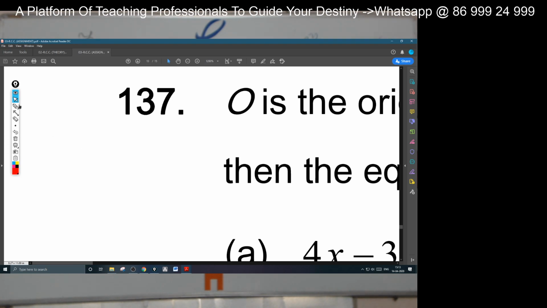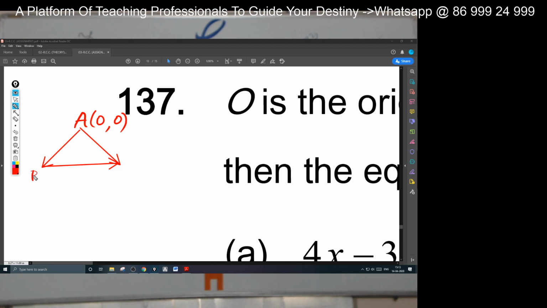If one of the points is the origin, there is a triangle, and one of the points is 0, 0, another point is x1, y1, and the third point is x2, y2.